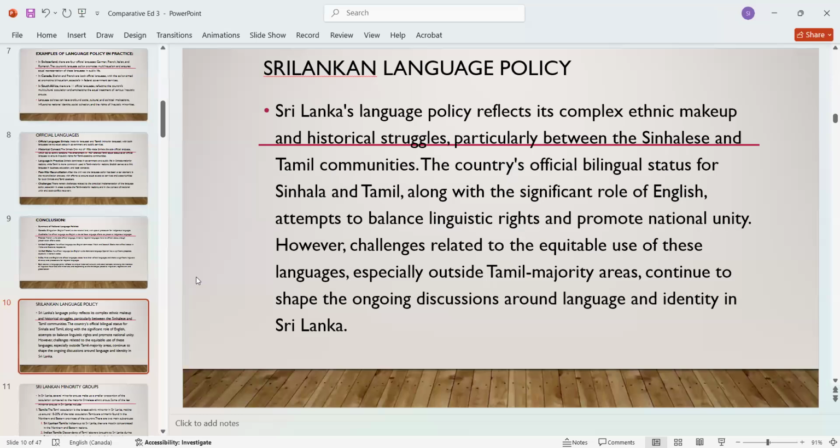Guys, the official languages are Sinhala and Tamil. But Tamil areas are doing everything in Tamil, while the other areas will be doing it in the other official language. So still we have barriers and also gaps between those two languages.